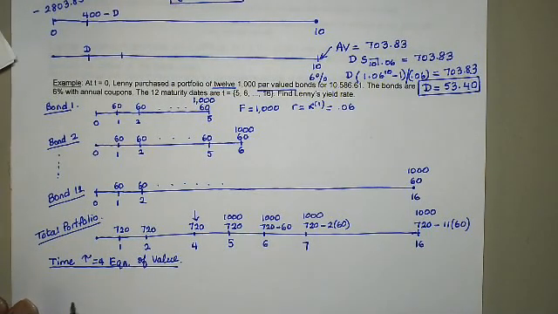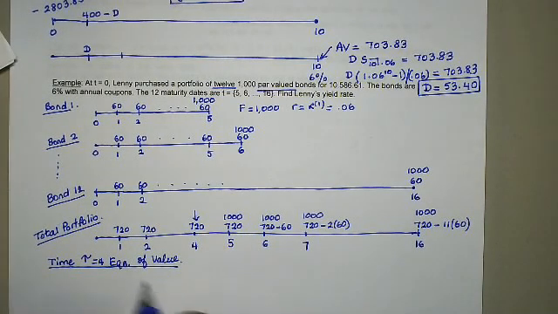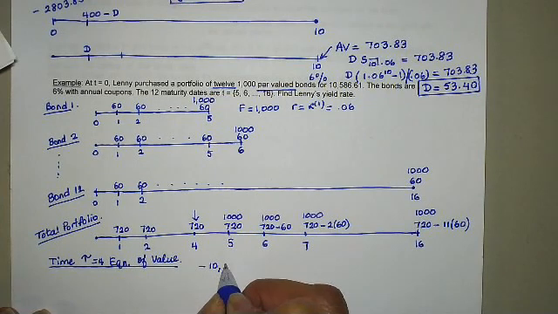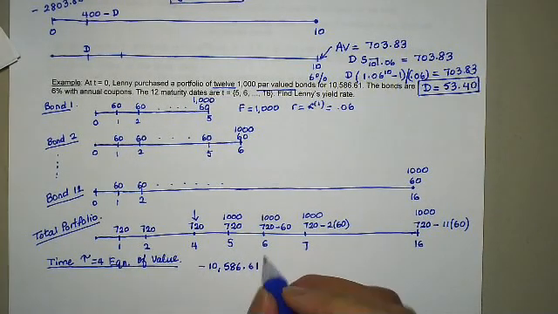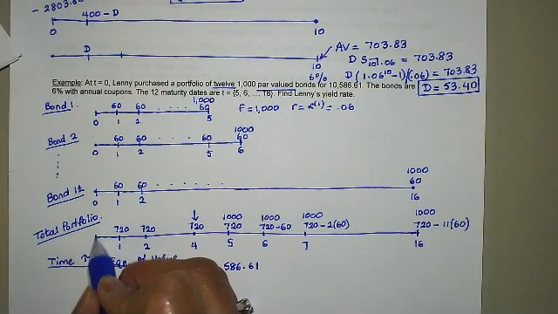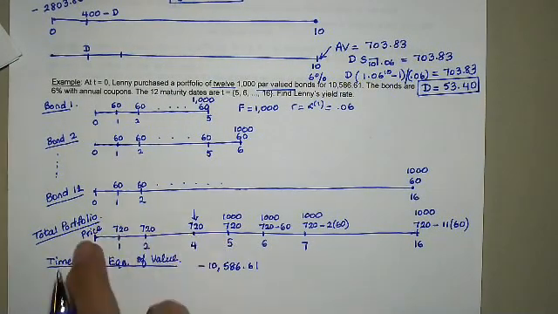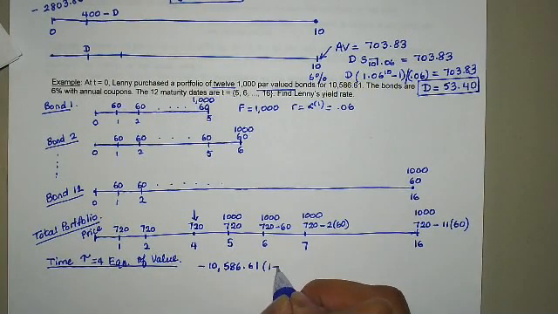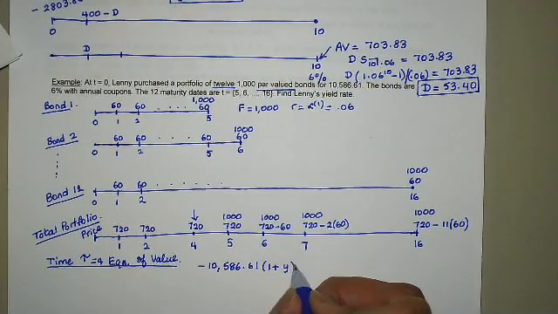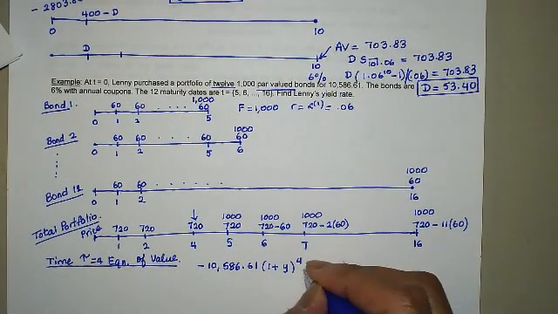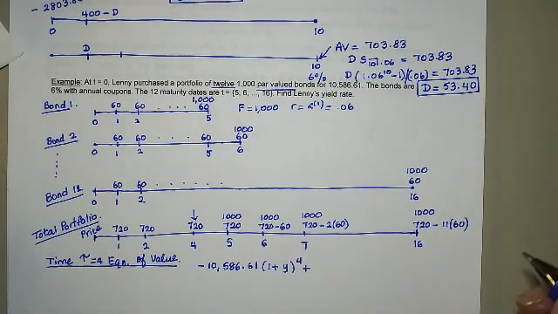How much did he pay for these bonds? 10,586.61. So let's start there. Minus 10,586.61. Here's his price. Bring that to time 4, so let's grow that. 1 plus y to the 4th. He paid that, so it's negative.